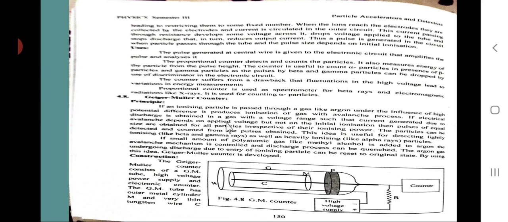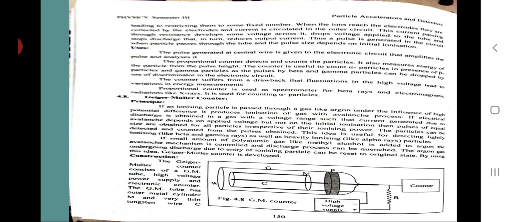Now, next is the GM counter. The construction of the GM counter is shown in this figure. Here, the potential difference is very high. The Geiger-Müller counter consists of a GM tube, a high voltage power supply, and an electronic counter.